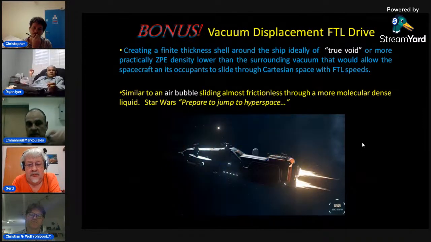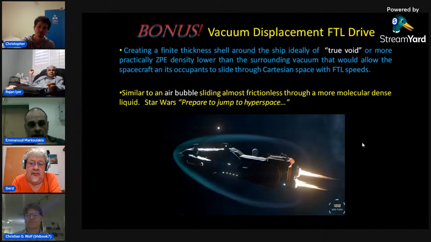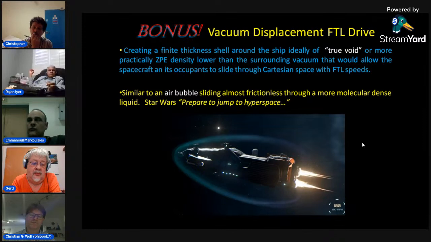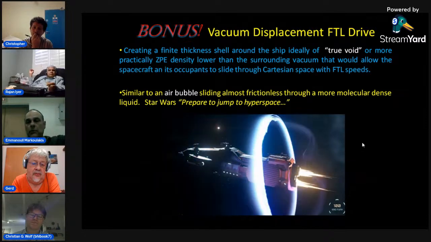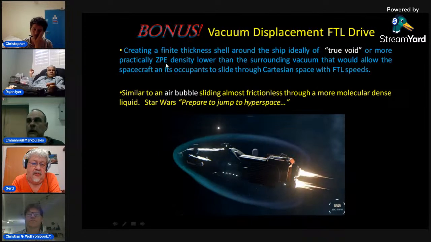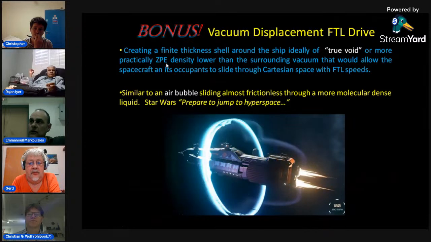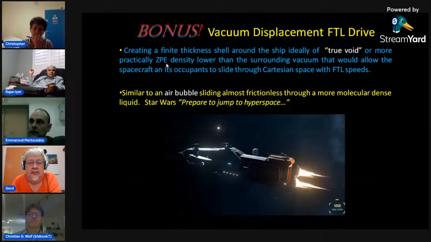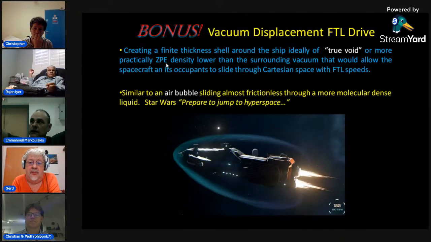We can discuss this later in a different meeting. True void may be impossible, so you practically lower the zero-point energy of the surrounding vacuum to a lower level, making the vacuum lower in density than nominal free space.